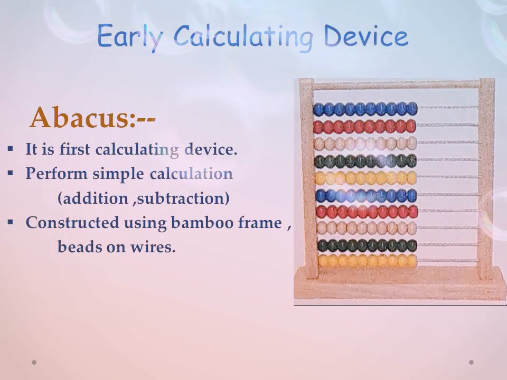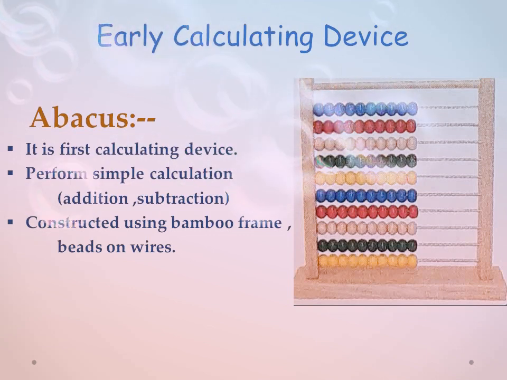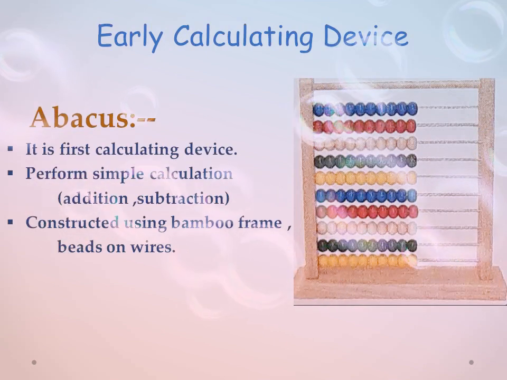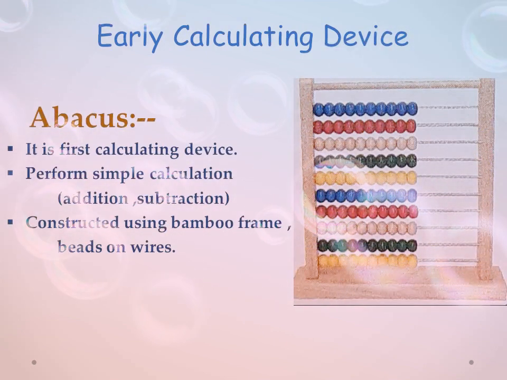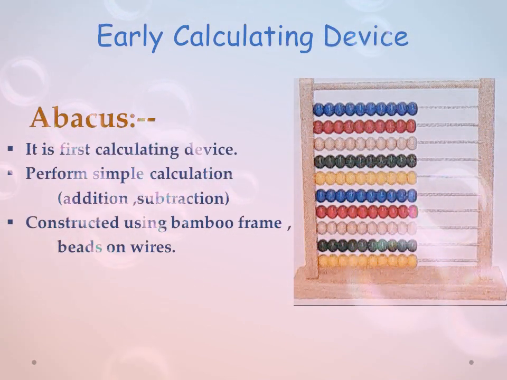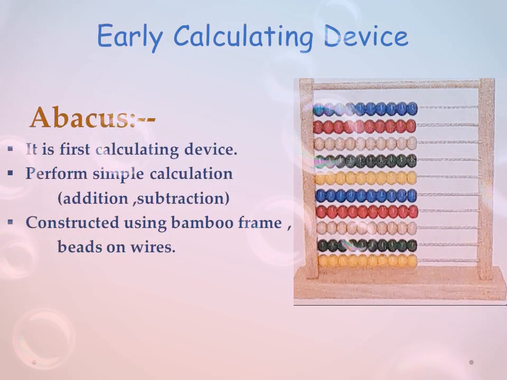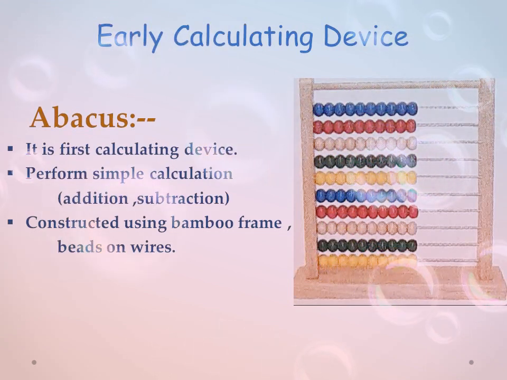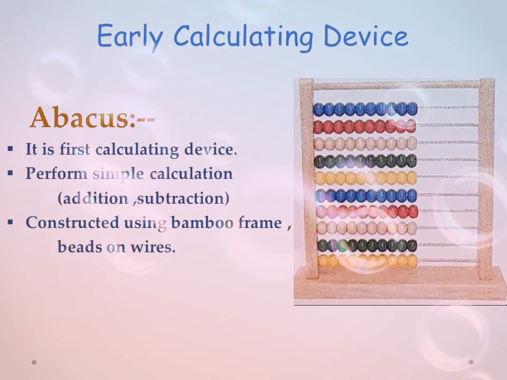Today, the abacus is constructed as a bamboo frame with beads sliding on wires, but originally they were beans or stones moved in grooves of sand or on tablets of wood, stone or metal.